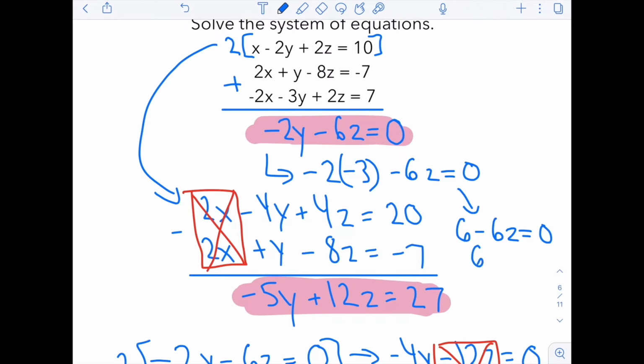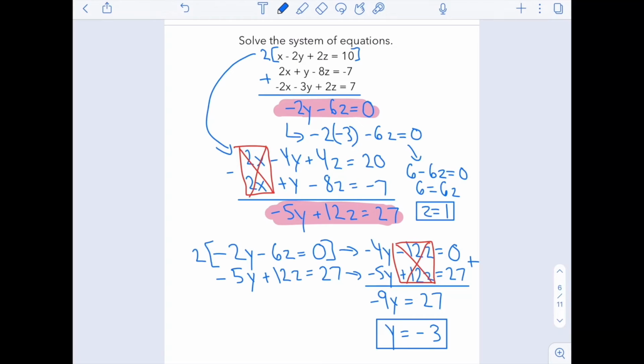And we could add 6z to both sides and divide by 6, and you'll get that z equals 1. So now we have a y and z value. Let's find the x value. To do that, I can plug y and z into any of these three equations, and I'll choose the first one to plug it in.